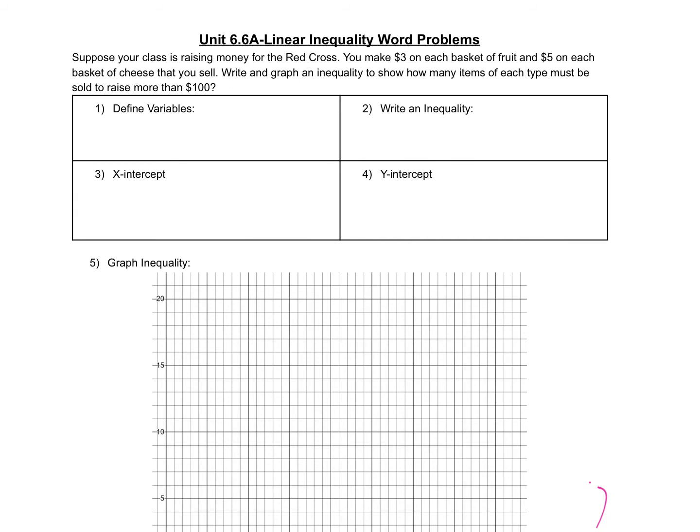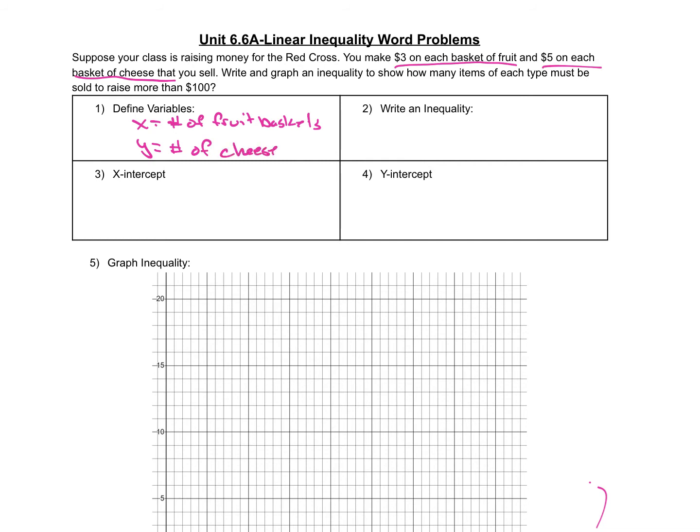$100. So this looks like we're going to be looking at our baskets of fruit and cheese. So we'll say x is going to be the number of fruit baskets, and then that's going to make our y equal to the number of cheese baskets.